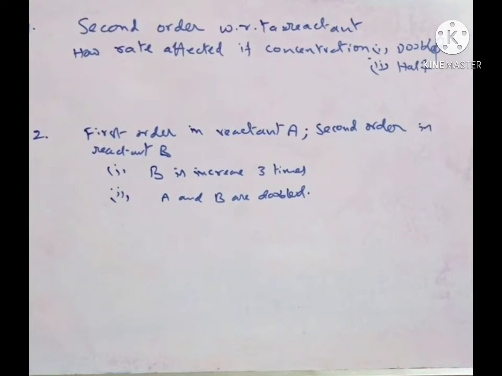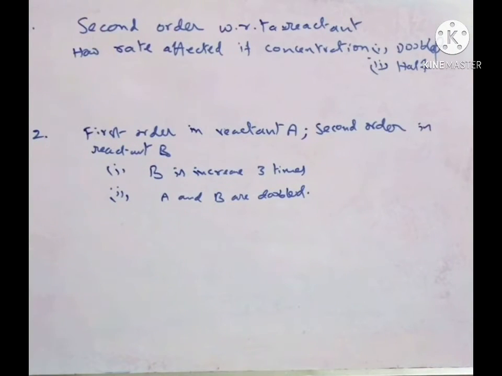So there is one reactant, and with that reactant the order of the reaction is second order. How will the rate be affected if that reactant's concentration is doubled in one condition, and in another condition it is halved? This is the one we need to answer here.